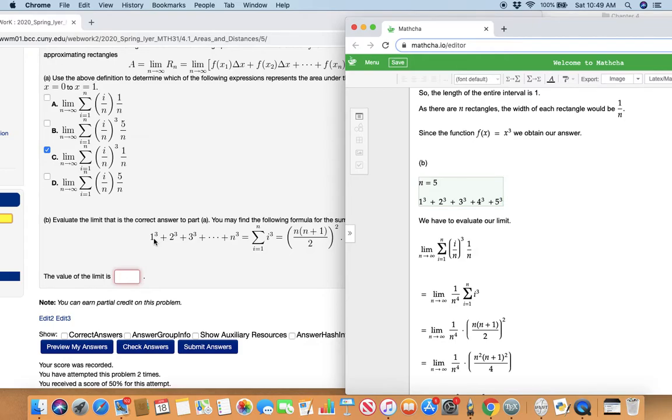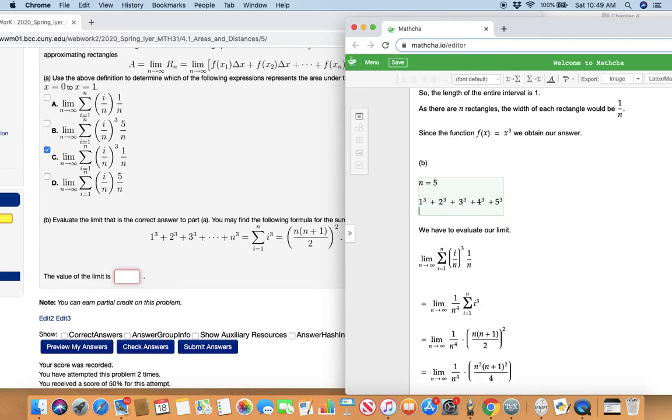That's what this means: start from 1 power 3 until n power 3. 1 plus 2 cubed is 8 plus 3 cubed is 27 plus 4 cubed is 64 plus 5 cubed is 125.